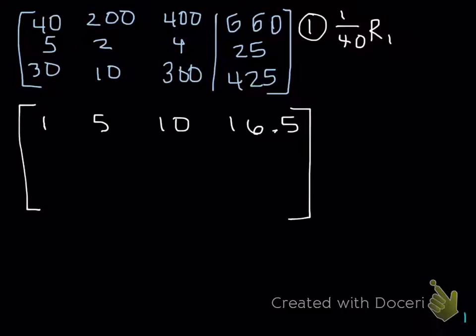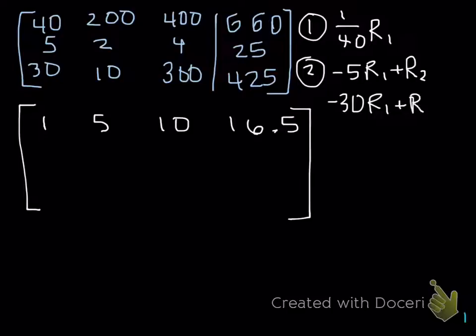And I'm going to start doing a couple more steps here. So I'm going to multiply this new row 1 by -5 and add it to row 2. And I'm also going to multiply row 1 by -30 and add it to row 3. This is how you can save steps so you don't have to write out as many.